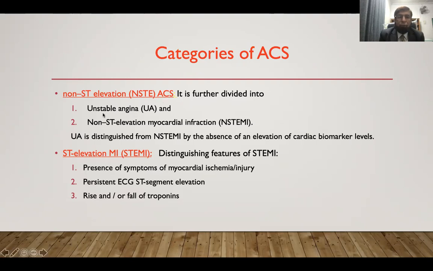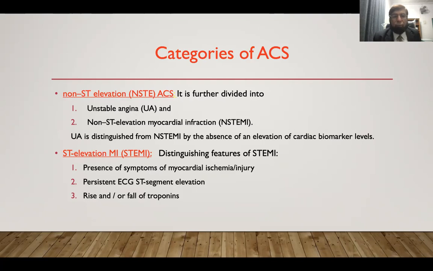It is further divided into unstable angina and non-ST elevation myocardial infarction or NSTEMI. Unstable angina is distinguished from NSTEMI by the absence of an elevation of cardiac biomarker levels. Whereas in NSTEMI, the most important diagnostic feature is rise in troponins.